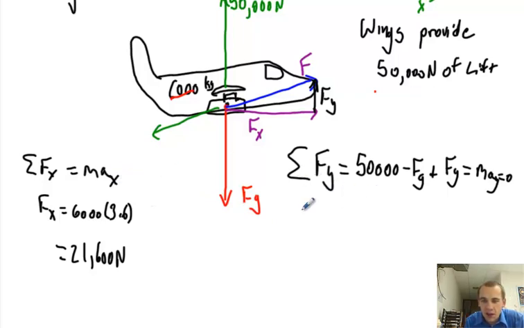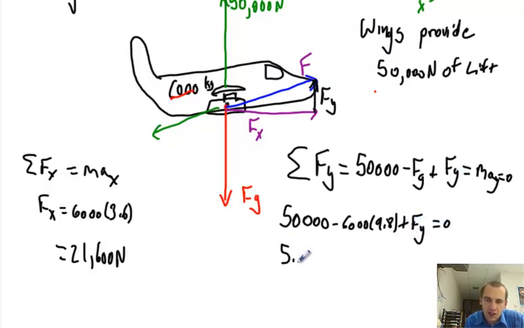So I'm going to redraw this: 50,000 minus Fg. Well, Fg is the mass of the plane, 6,000, times the acceleration due to gravity, 9.8. You'll notice I already took care of the negative by subtracting it instead of adding it. Don't make it negative twice. Plus the force in the y direction, Fy, equals 0.